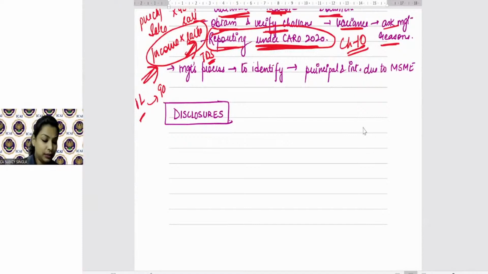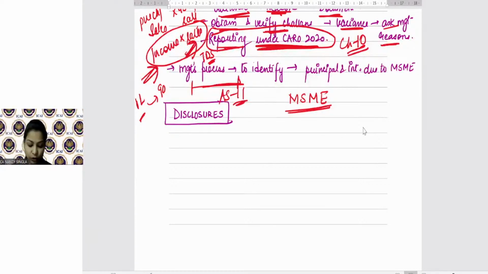Now students, there is one point relating to MSME. Tell me, have you heard about this act, MSME Act 2006? Quickly, I need answers from all of you. Achha, before that, if any of the liability is stated in foreign currency, then the provision of AS 11 will be considered. Simple, right? Now tell me, have you ever read anything about MSME?